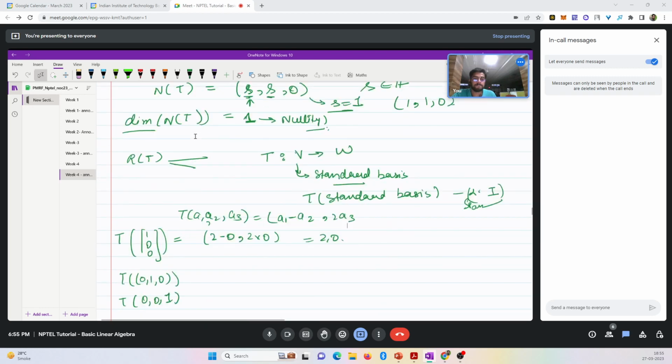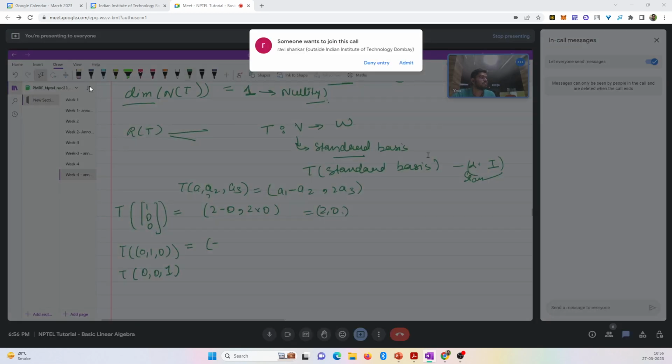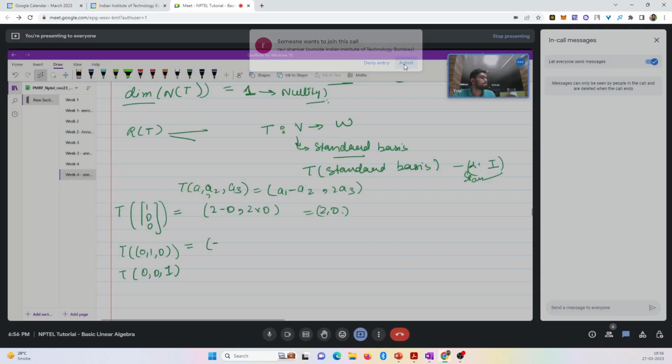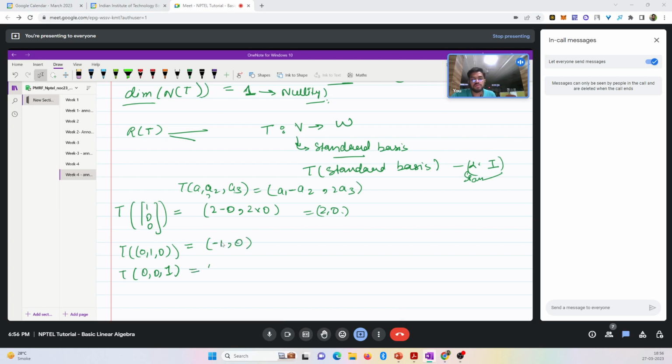So T of (1, 0, 0) is (1, 0). Similarly, T of (0, 1, 0) is (minus 1, 0). And T of (0, 0, 1) would be (0, 2).